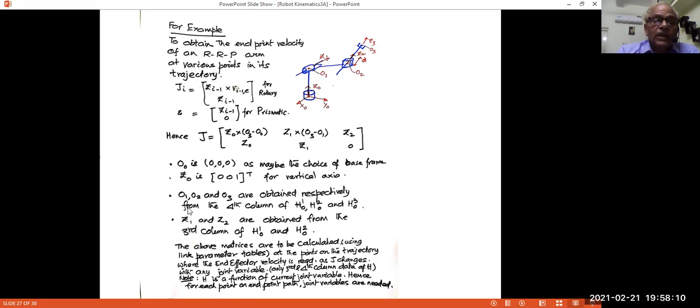We start with that, and other things we obtain from the fourth column of H10, H20, and H30. You get O1, O2, O3. Z1 and Z2 are obtained from the third column of H10, H20. So, as I said, they can be calculated using the link parameter tables.